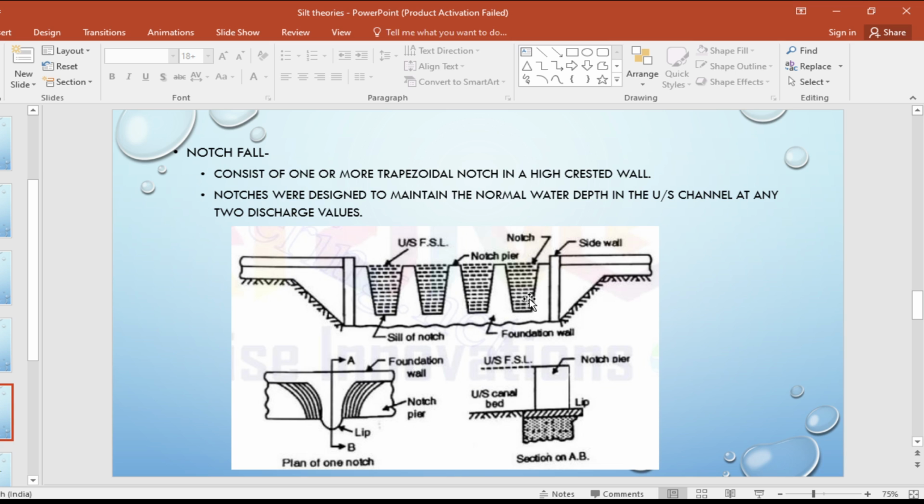Again, the trapezoidal fall was very successful, and that is adopted in our country for many years. There was a serious defect in this fall, that they could not be used as regulators in addition.